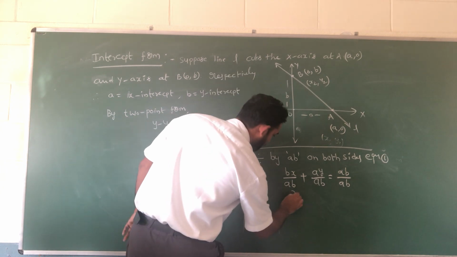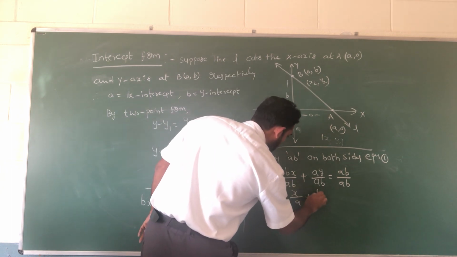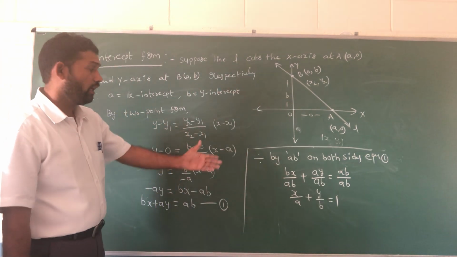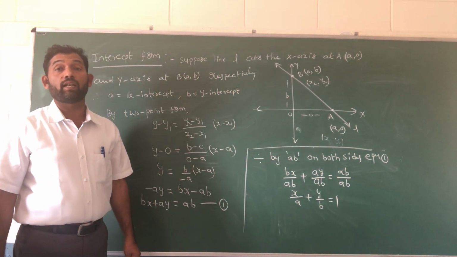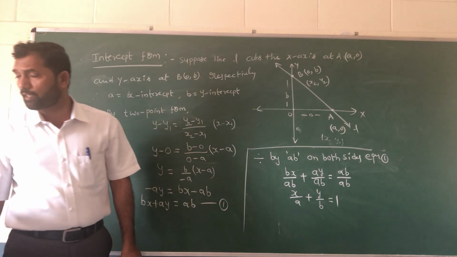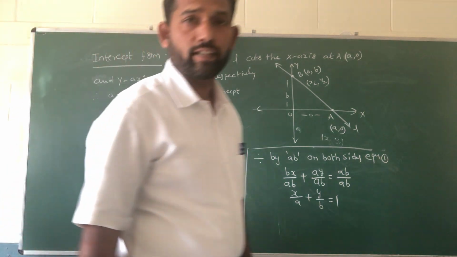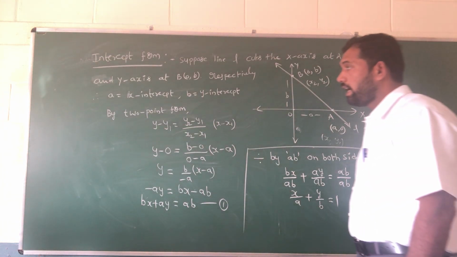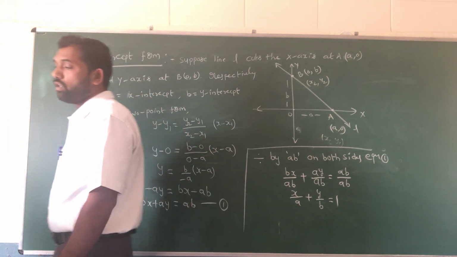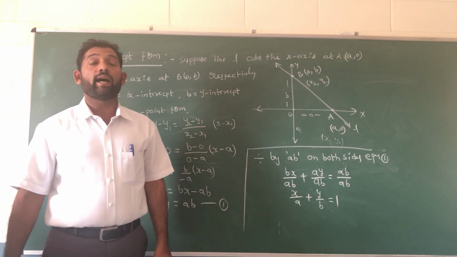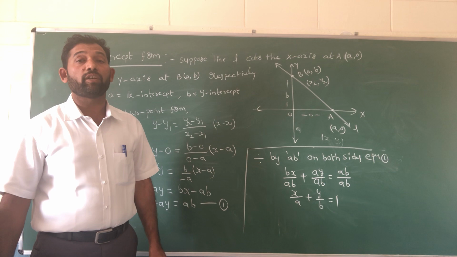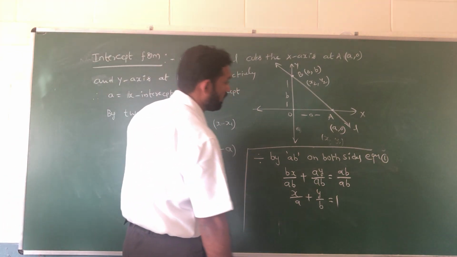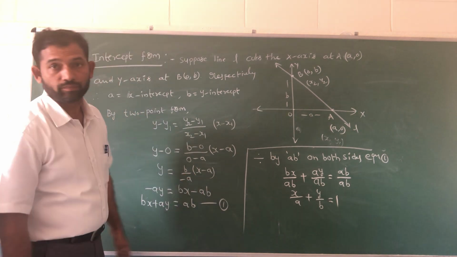Now simplify this: x by a plus y by b is equal to 1. So this is the equation of the line whose x intercept is A and y intercept is B. This is also called the intercept form of the equation of the line. So note down first.